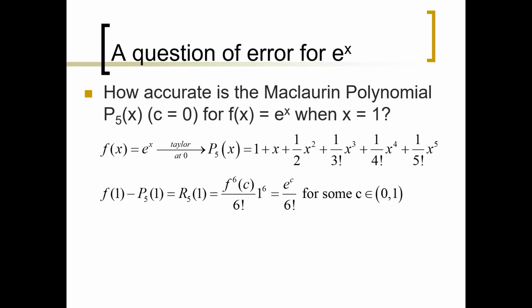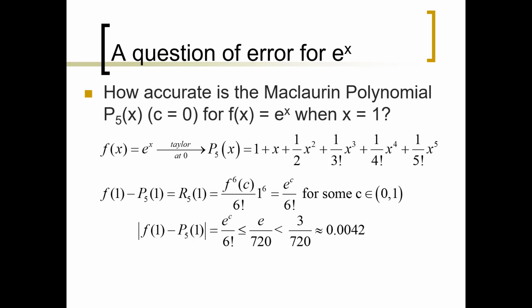That was the connection we have in the theorem. But we remember that the derivative of e to the x is just e to the x. So if I evaluate the 6th derivative of the function at c, you just get e to the c, where c is between where it's centered, 0, and where I'm evaluating, 1. So c is just between 0 and 1.